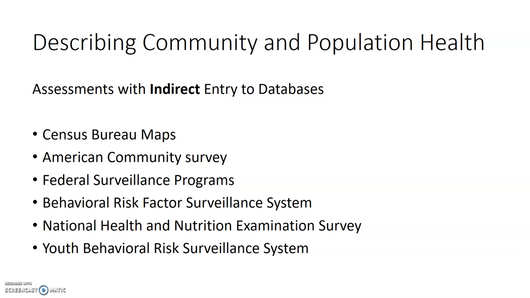Lastly, The Youth Behavioral Risk Surveillance System focuses on health-related behaviors that are the leading causes of death and disability to our nation's youth. It is administered each year in a paper format to middle and high school students across the United States. Your text describes each of these assessments in more detail.